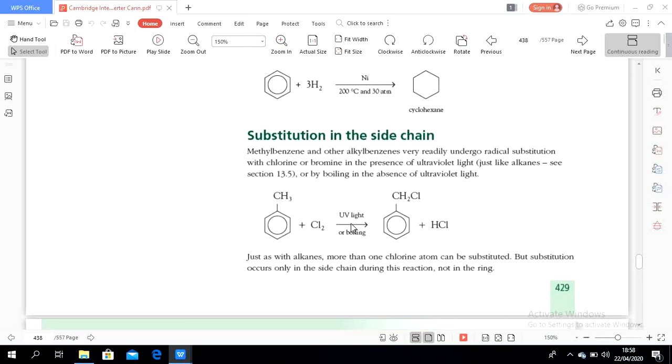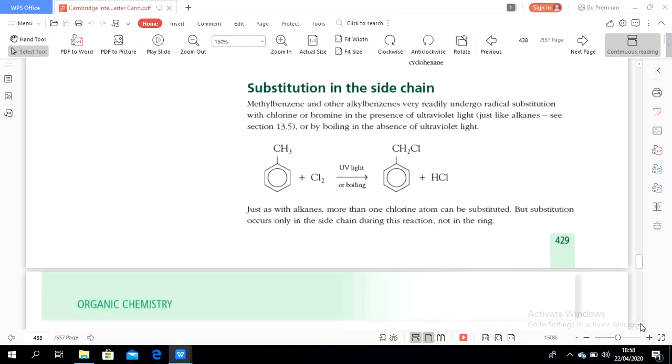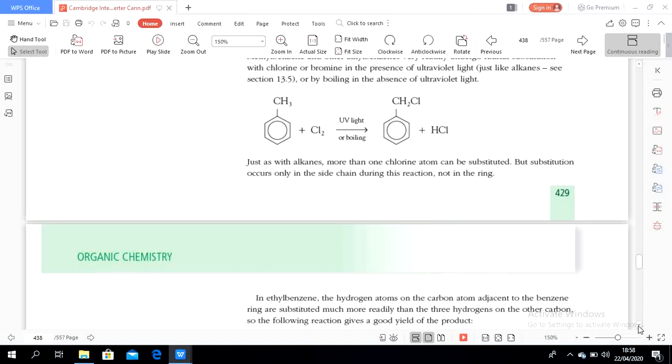Second reaction, when chlorine reacts with methylbenzene in the presence of UV light or boiling, then the chlorine will substitute a hydrogen of the methyl group. So it will become chloromethylbenzene. Okay, this one is a different reaction.